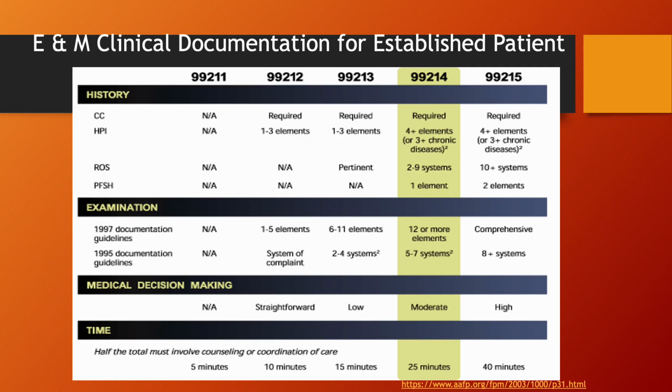Remember, the coding does not reflect what you have done. It reflects what you've documented. As nurses, we always say, if it's not documented, it's not done. So if your documentation does not support one of these codes, you cannot code it. You will have to downbill. That's why it's important, as you learn to see your patients, that you document all of the work you're doing so that you get paid accordingly.